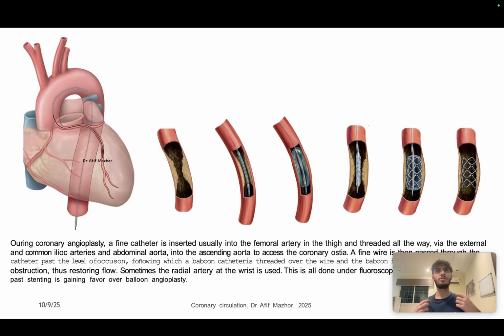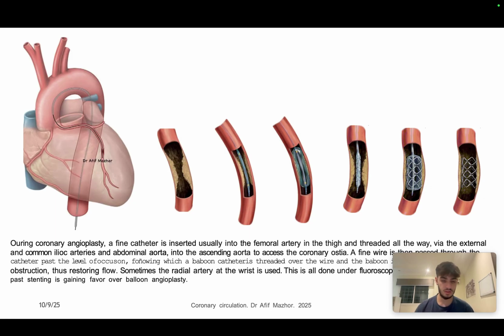Now, let's talk about the solutions for atherosclerosis. If you don't know what atherosclerosis is, it's the blocking in the artery. There's a blocking in the pathway for blood. And there's two ways to solve this. The first one is using an angioplasty. So basically what we use here, we have a catheter.